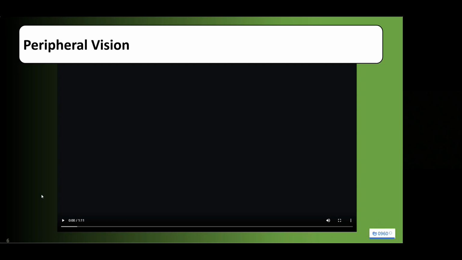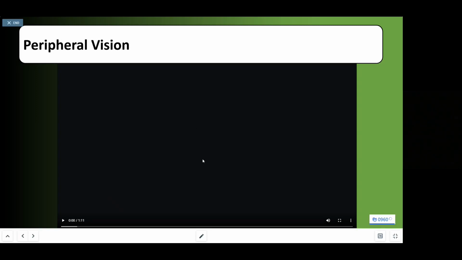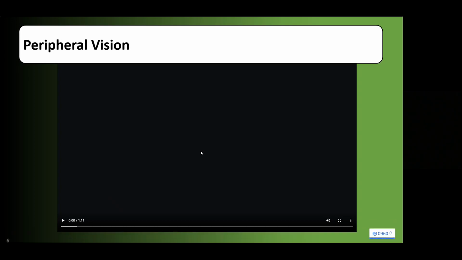I'm going to show you a video clip of famous actors, actresses. You will recognize them. They're going to be on the left side and the right side. Now, in the very center here is going to be a cross to look at. So just look at the cross on the first go around, okay? And as you're looking at the cross, let your peripheral vision look at these celebrities.